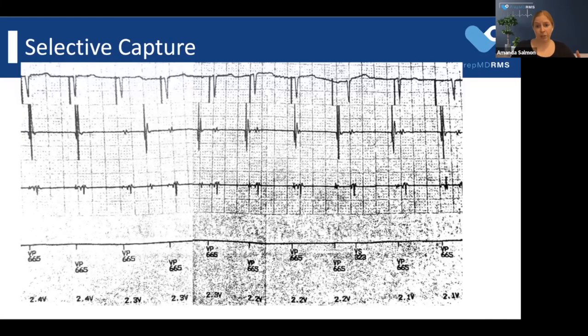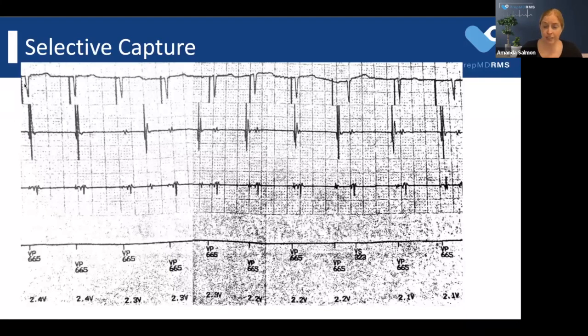So if I'm looking at this strip right here, there's a lot to look at. So I'm going to orient us and walk through what we're doing. I'm going to go through my systematic approach just to help you hear what I do, and then I'll ask the team if they have any other thoughts. This is a threshold that's being run.